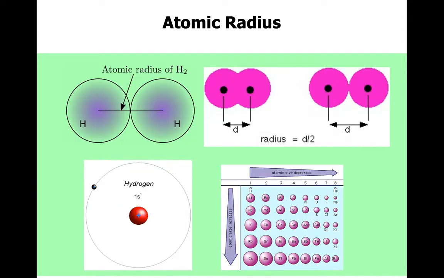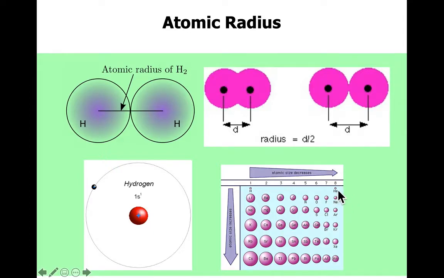All right, let's now talk about atom size. And so atom size, we can see from this little graphic down here, the largest atom is in the bottom left-hand side of the periodic table, and the smallest atom is in the top right-hand side. And this makes a lot of sense with our effective nuclear charge. So the outermost electron of cesium experiences a tiny effective nuclear charge, and so it strays pretty far from the nucleus.